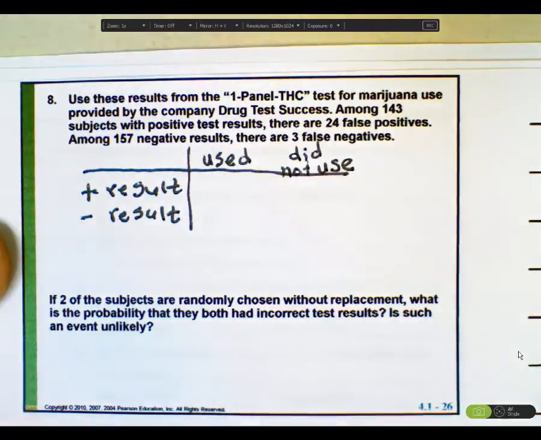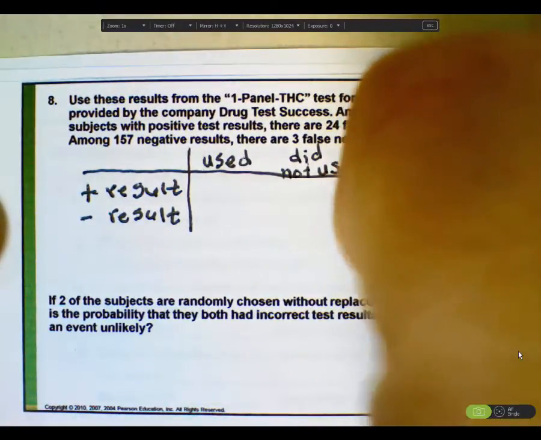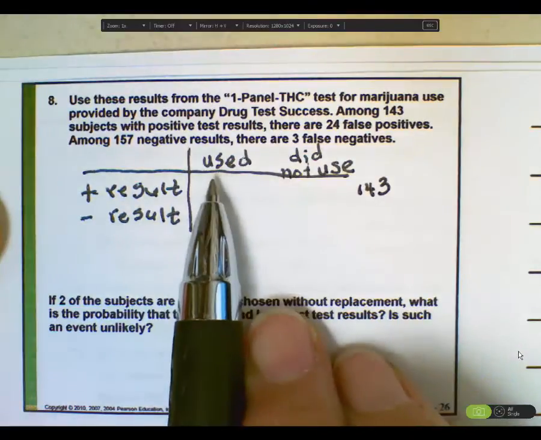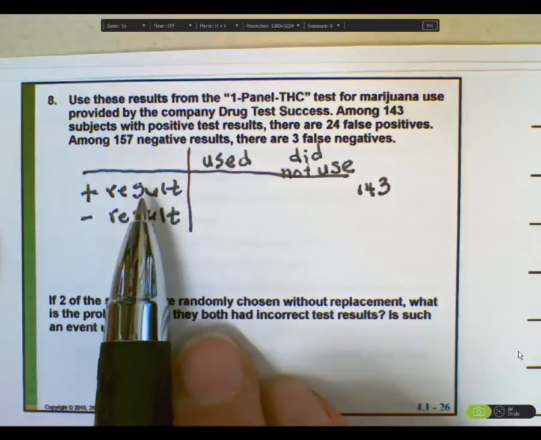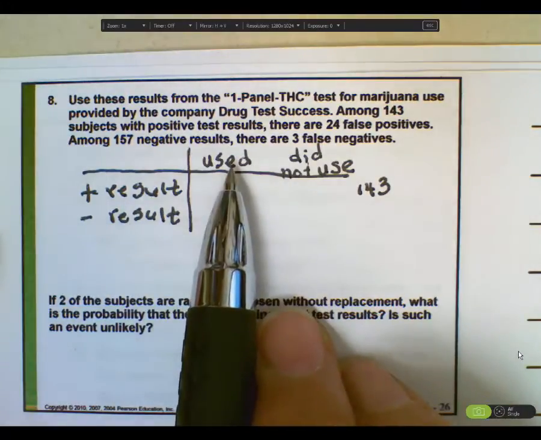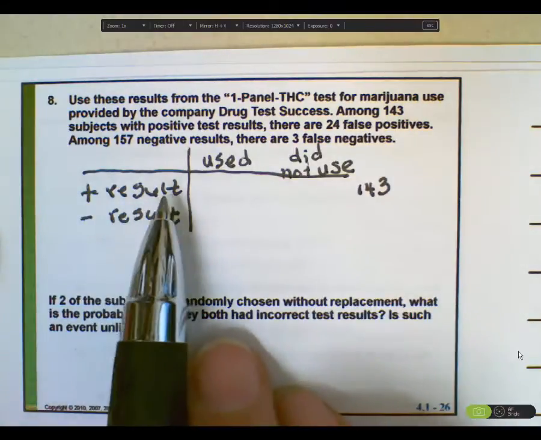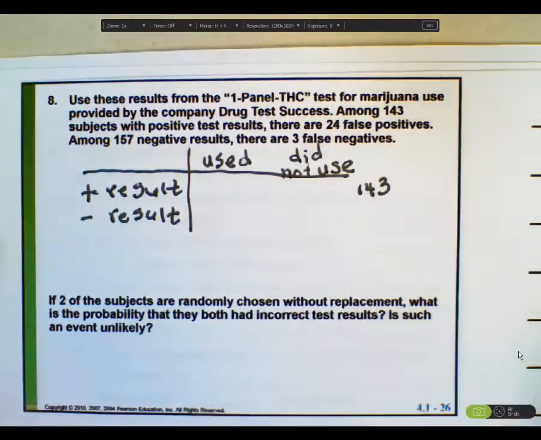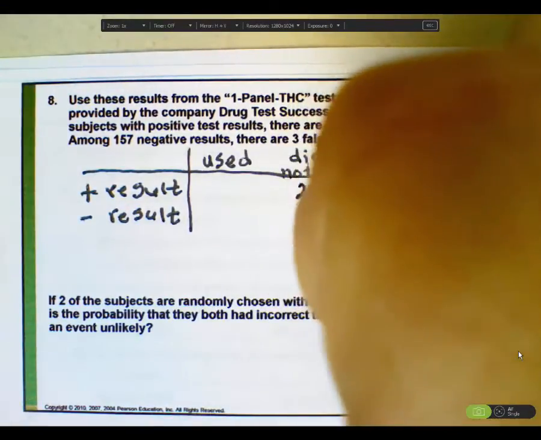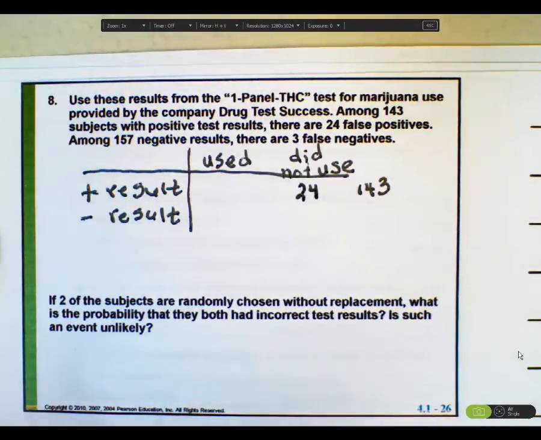I know that a total of 143 people tested positive. That should be the total positives of those who used and did not use. If you have a positive result, that should correspond to using, but there were 24 false positives, 24 people who had positive results but weren't using marijuana. So those false positives go under the positive results but not really using.